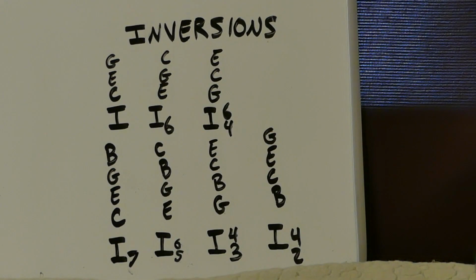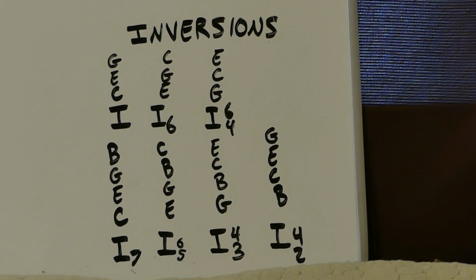Next we're going to talk about chord inversions. A chord inversion is basically where you use the exact same notes, but the bottom note, the lowest note, the bass note, is changed.